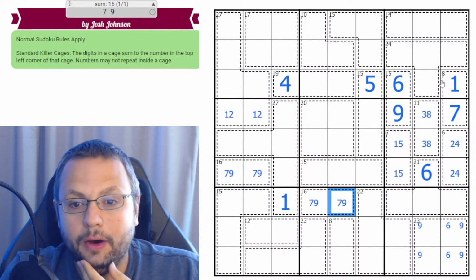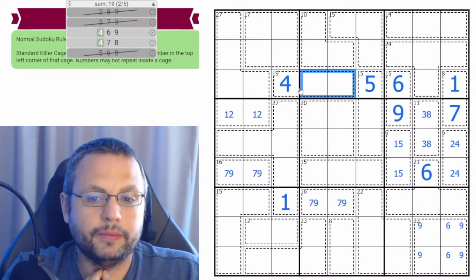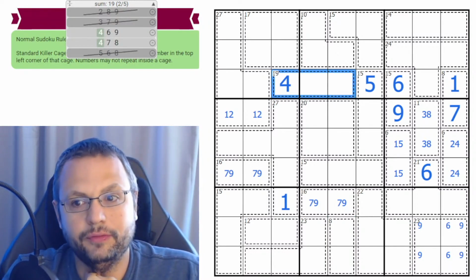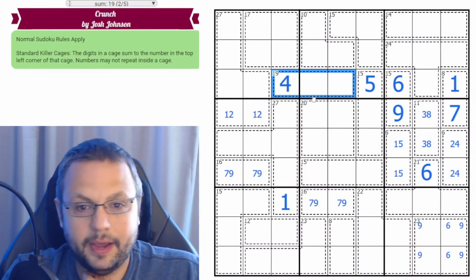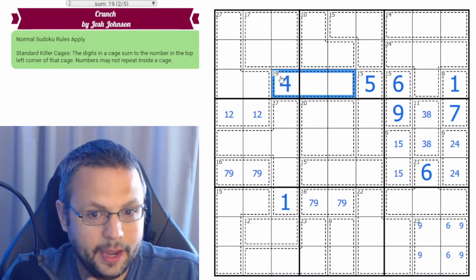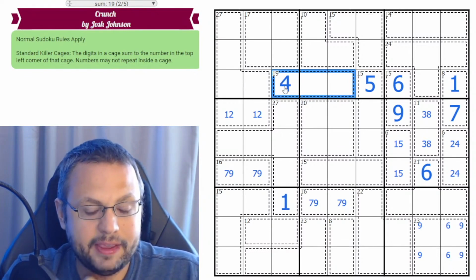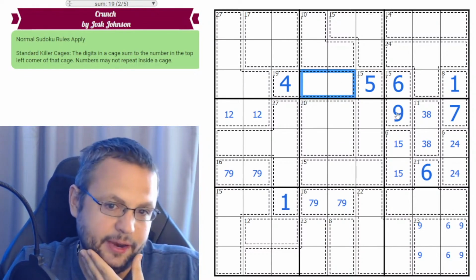Okay. Now, all the logic you do with killer cages also works on the remainders when you know digits. So, for example, this 19 cage, I didn't even really want to show that, but this 19 cage, as soon as I have a 4 in it, what this is really giving me is a 2-cell 15 cage.